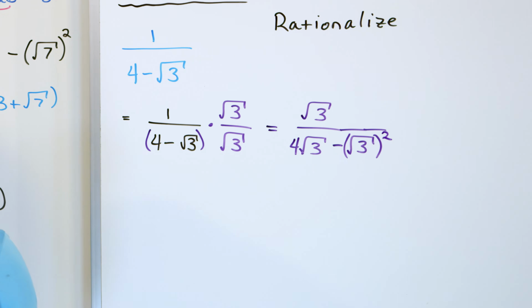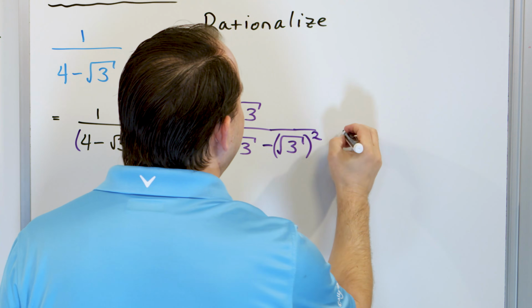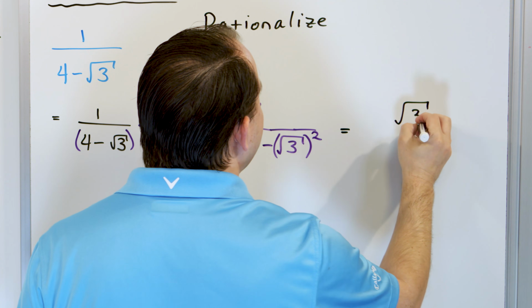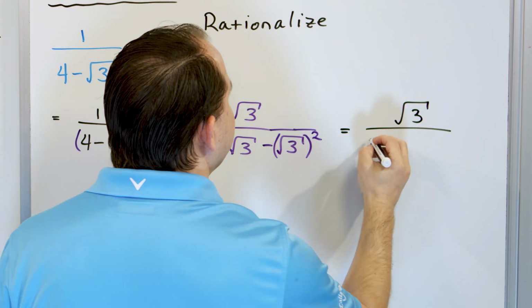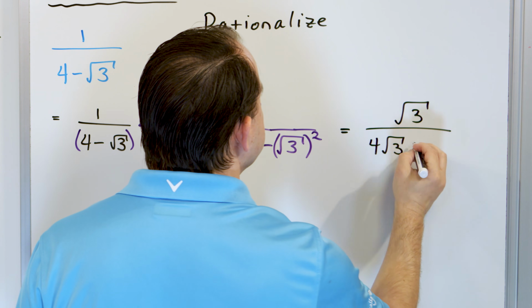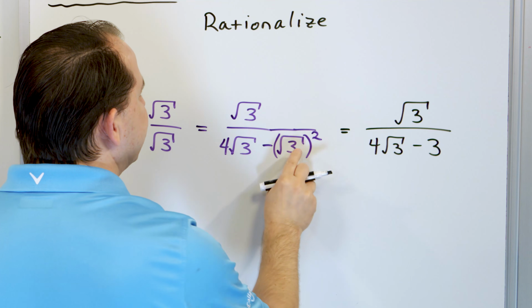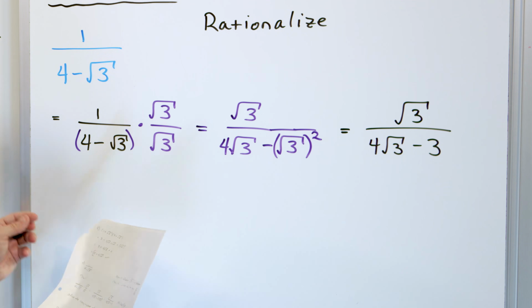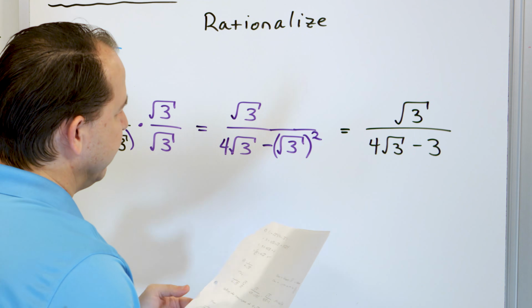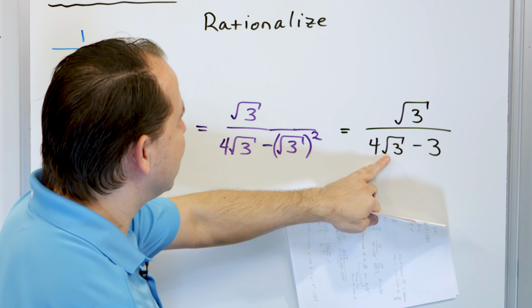But in any case, what you're going to do in the next step is the point I'm trying to drive at here. You're going to have a square root of 3 on the top. Bottom, you'll have 4 root 3 minus 3 because the cancellation here happens. So what you're going to have is square root of 3 over 4 root 3 minus 3. Notice that I still have a radical in the bottom.